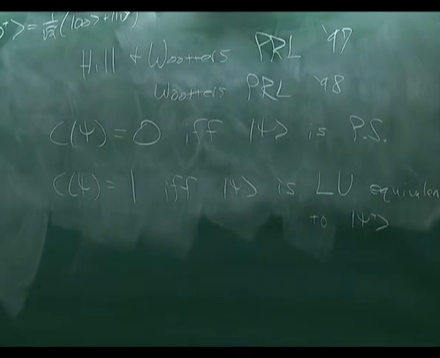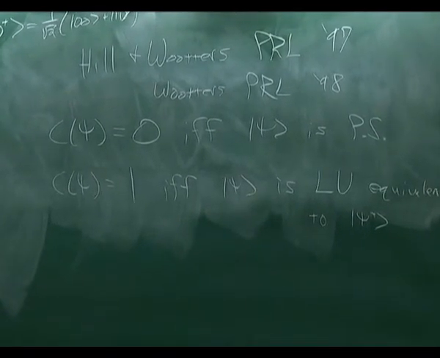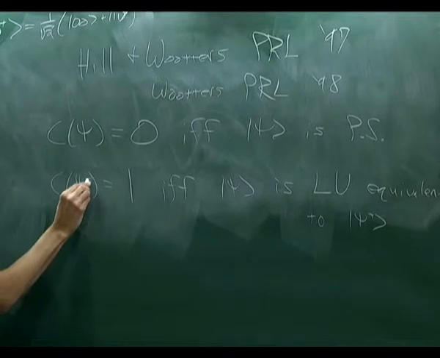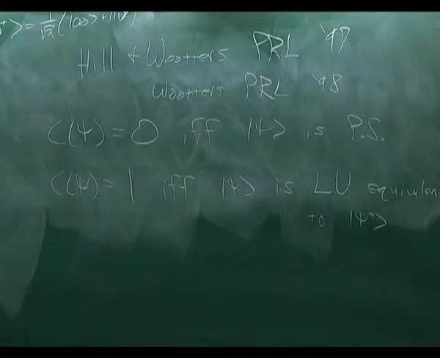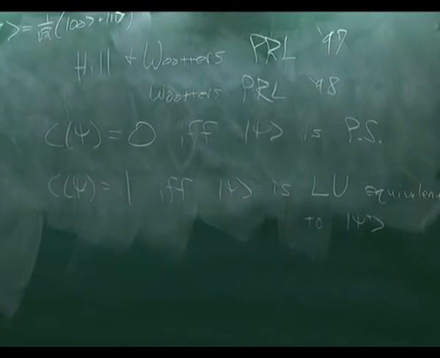It also has a number of other properties. It's a so-called entanglement monotone. On Thursday's lecture, we'll talk about entanglement monotones, and we'll see that pop up there. It's also related to the eigenvalues of psi.